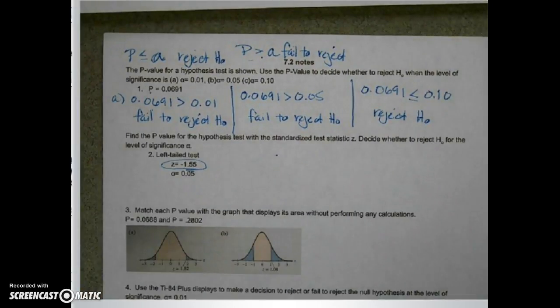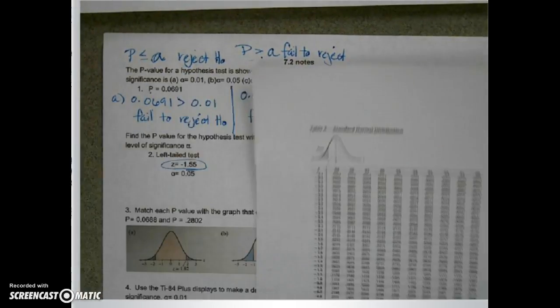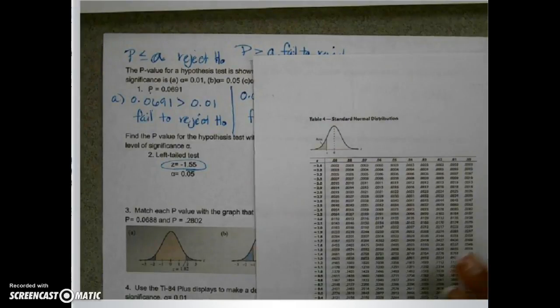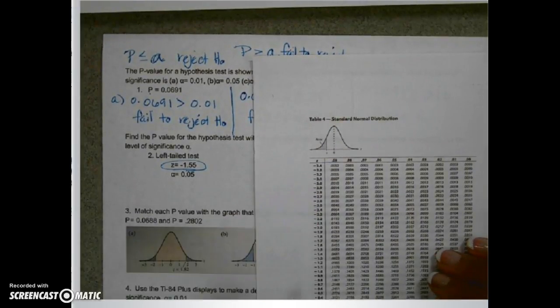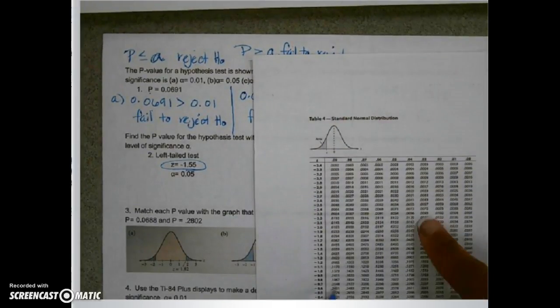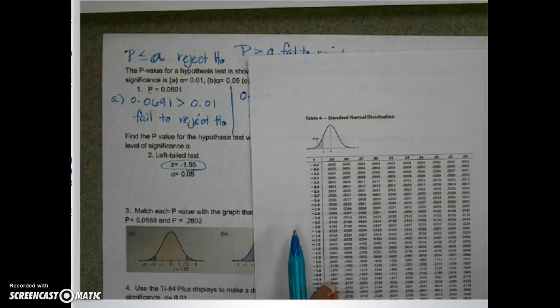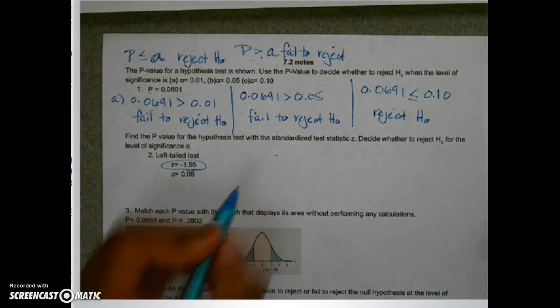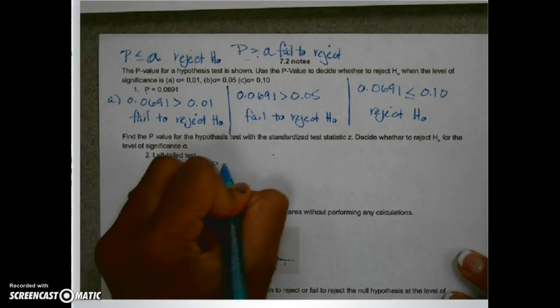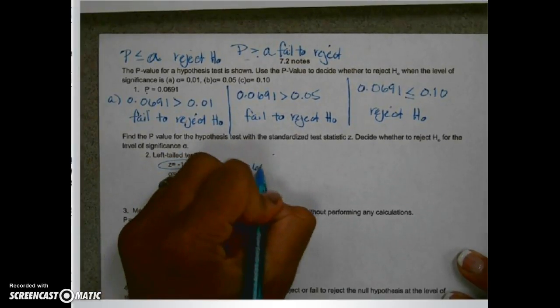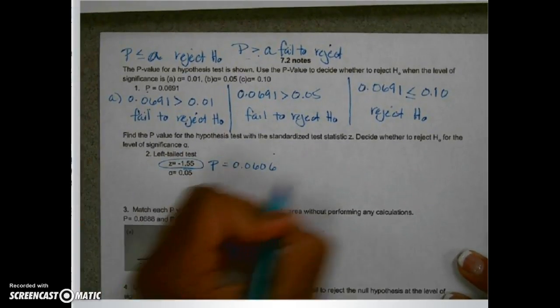To get the p-value, you go to your chart, negative 1.55, and look it up. You're going to have to trust me because I can't show you both of those at the same time. On that, I find that p is equal to 0.0606.